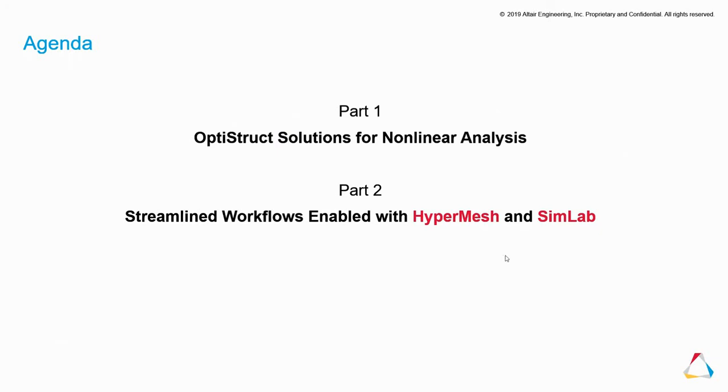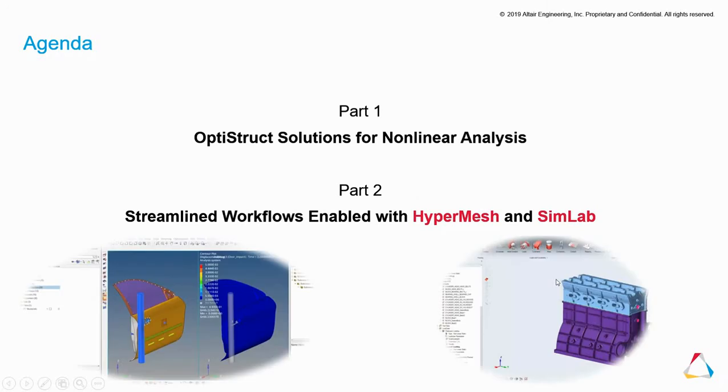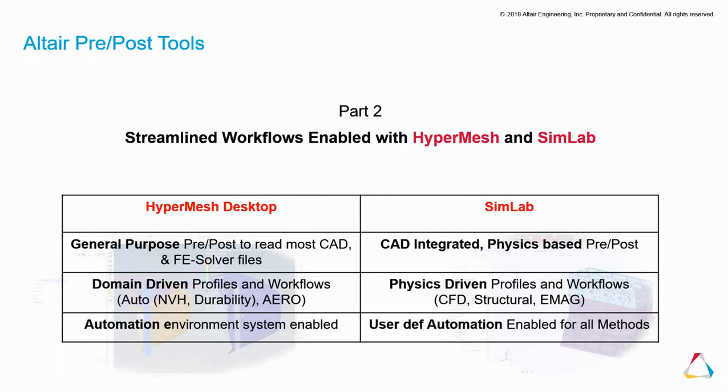Thank you. So continuing what Warren had showcased for the nonlinear solutions, let me go over the workflows. The workflows primarily we're talking about use the two great pre-processing tools Altair has, HyperMesh and SimLab. First of all, I will walk you through a process with two examples in HyperMesh and SimLab, but let's look at a quick round of things with respect to these two pre-processing tools.